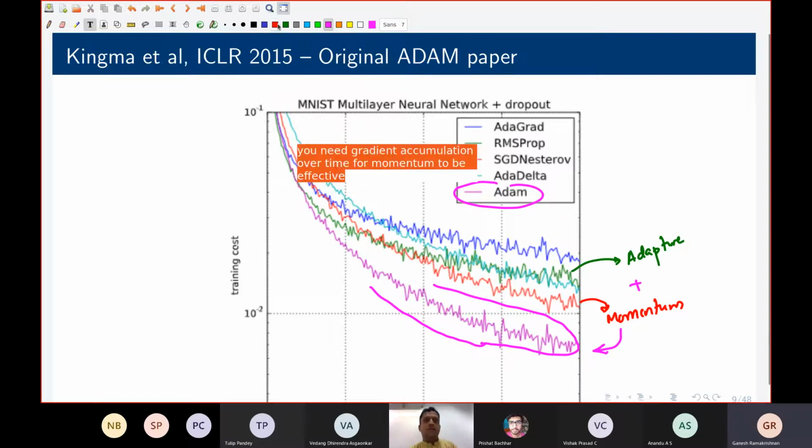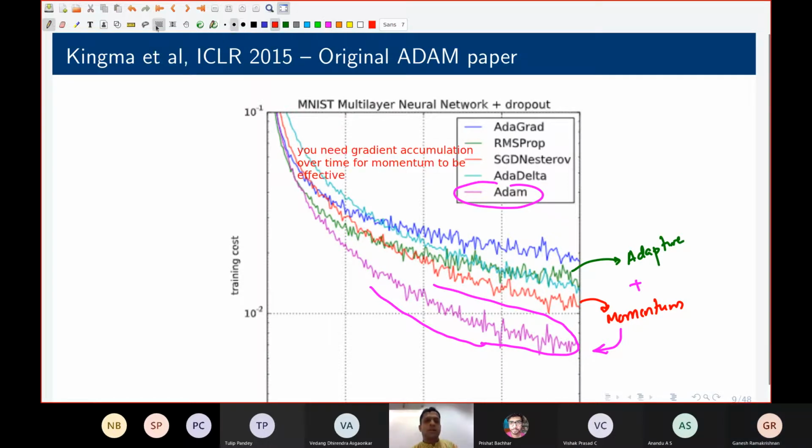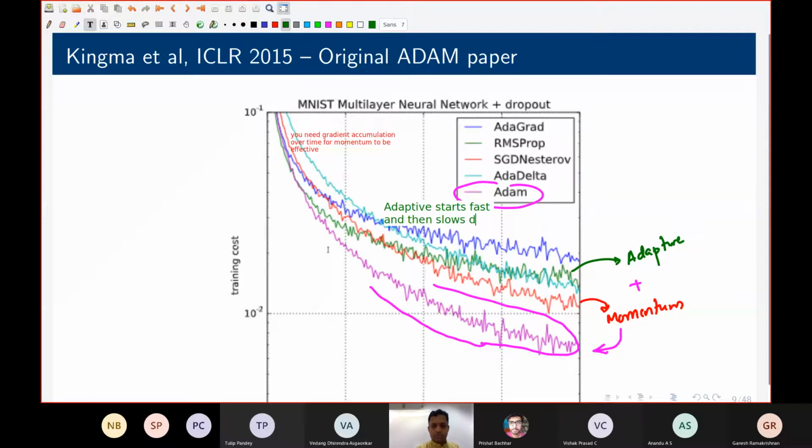Whereas adaptive adapts fast, but then it starts getting slow. And in some sense, momentum has the best of both worlds.